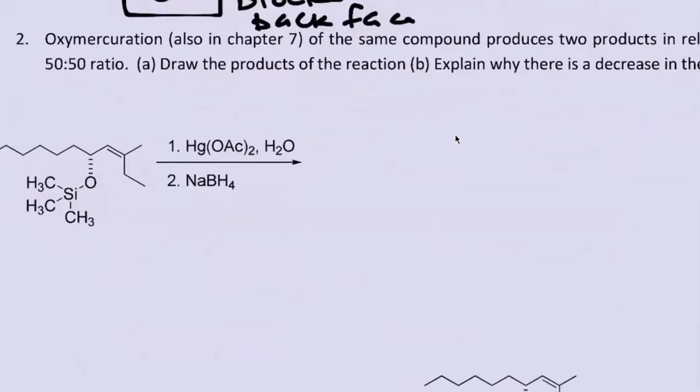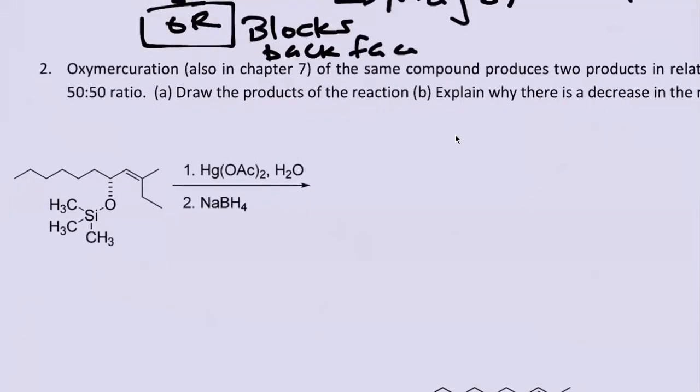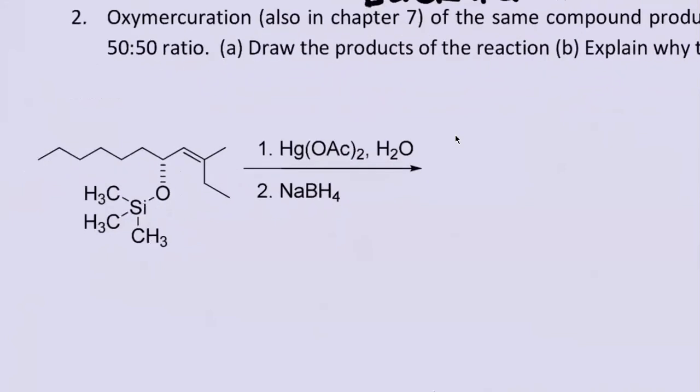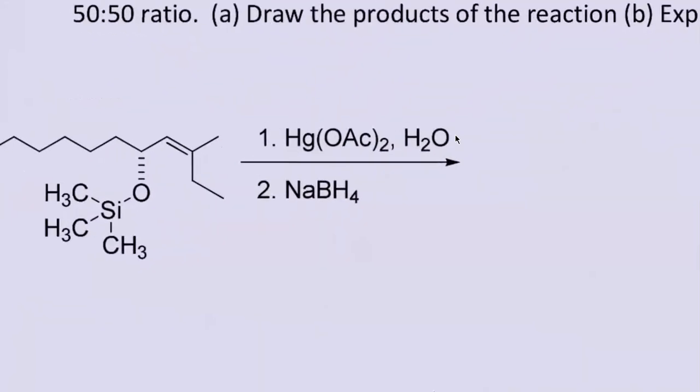Oxymercuration is also a way to convert alkenes into alcohols. But what's the difference, and what do we call that difference? You add the OH to the most substituted and the H to the least substituted. So you'll do that with Markovnikov addition. It's Markovnikov addition. Good, man, you earn that A.